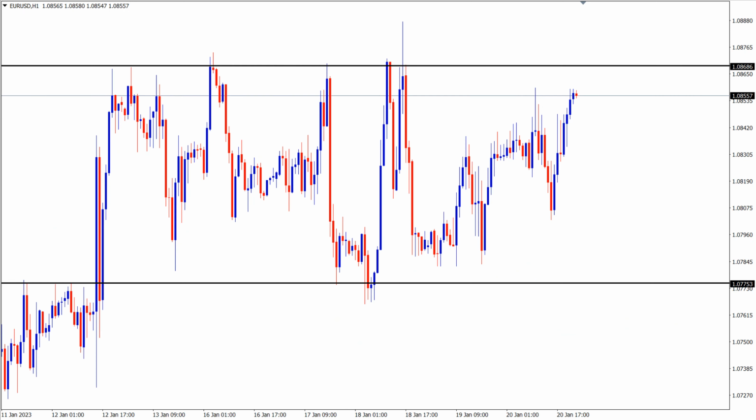So let's look at the lower time frame, Euro USD 1 hour time frame. It's still moving in a range between the resistance and support. From the last 10 days, the euro dollar is still moving in a range from 1.0868 to 1.07.